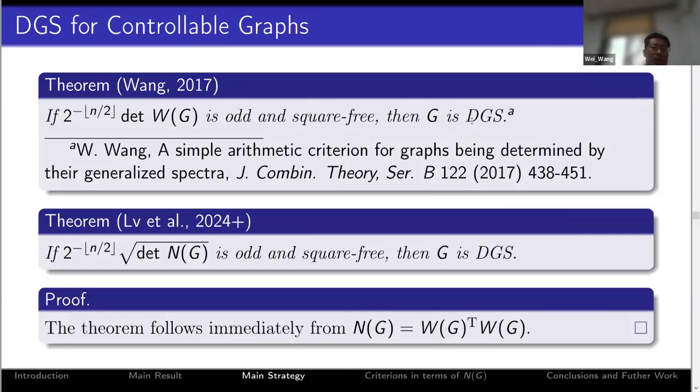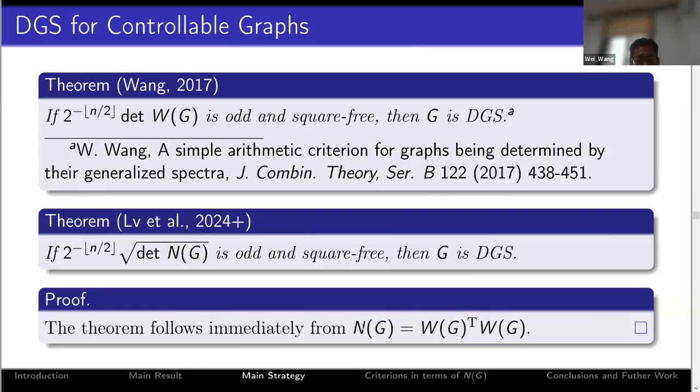Based on this theorem, it is very easy to get the following theorem. Suppose the determinant of N_G, taken as a square, divided by this number, must be an integer. If this number is odd and square free, then G is DGS. This follows immediately from this equation.